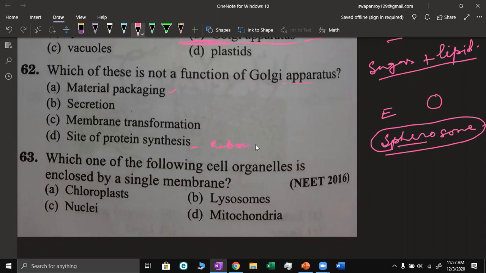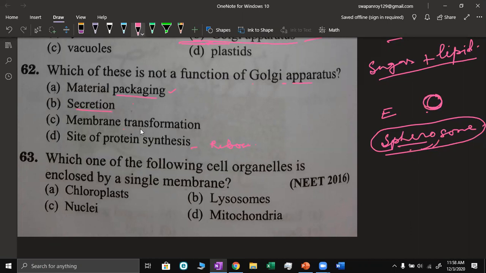Okay, so material packaging takes place, secretion also takes place. Secretion means those secretory vesicles or spherosomes are formed, and then finally it is sent out of the cell.